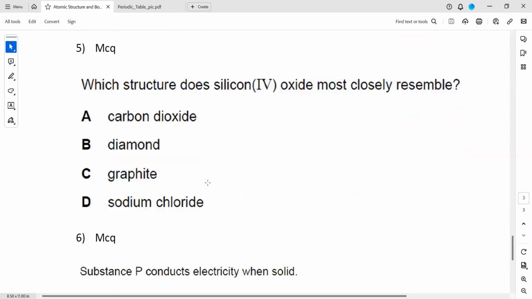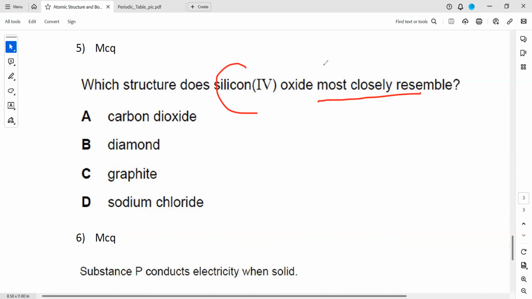In question 5, which structure does silicon(IV) oxide most closely resemble?